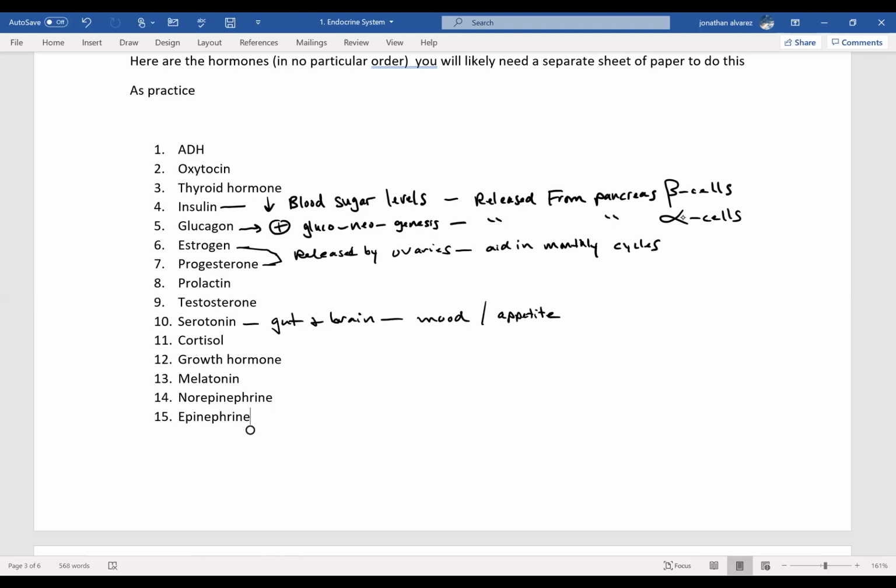All right, so cortisol is for stress. We talked about that a little bit ago. Melatonin is released from the pineal gland, and it's responsible for sleep. It's activated by absence of sunlight.